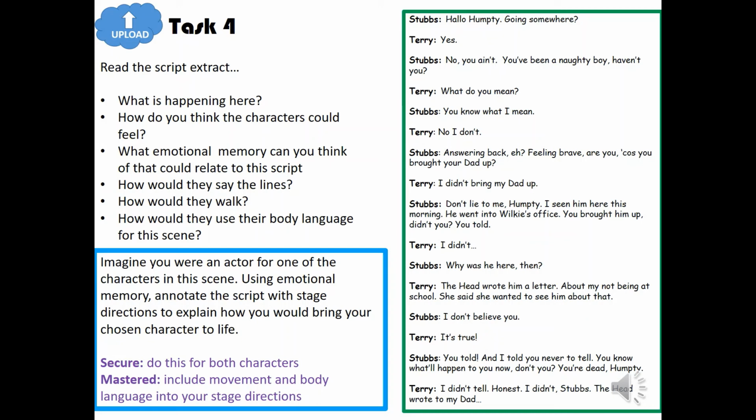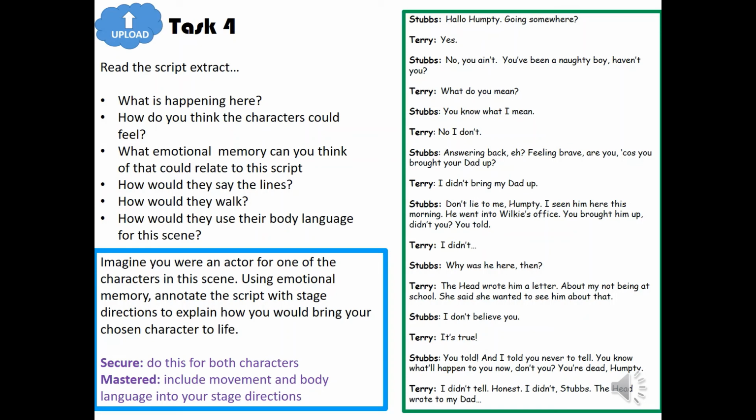Why was he here then? The head wrote him a letter about me not being in school. She said she wanted to see him about that. I don't believe you. It's true. You told, and I told you never to tell. You know what will happen to you now, don't you, Humpty? You're dead, Humpty. I didn't tell, honest. I didn't, Stubbs. The head wrote to my dad.